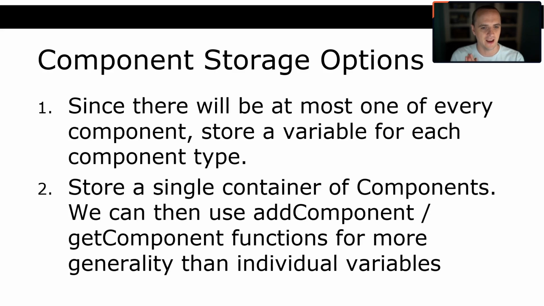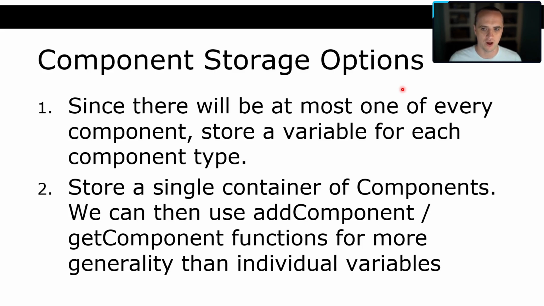So the fact that an entity stores exactly one of each component is very important. The second way we could do this is instead of having a variable for each component type, we could store some sort of single container of components. And then we could make functions like add component and get component for more generality than just using individual variables.